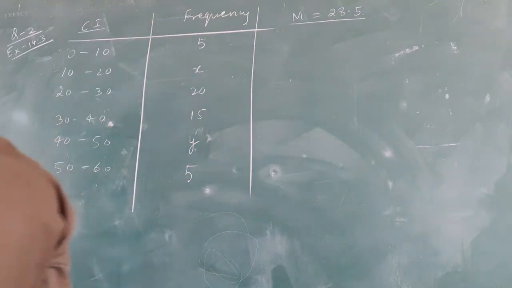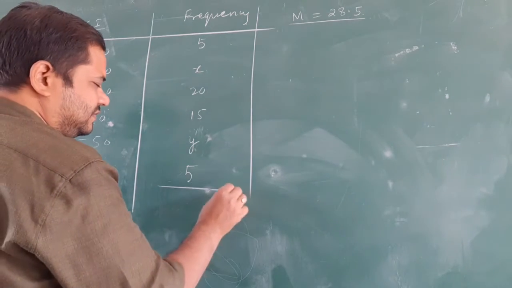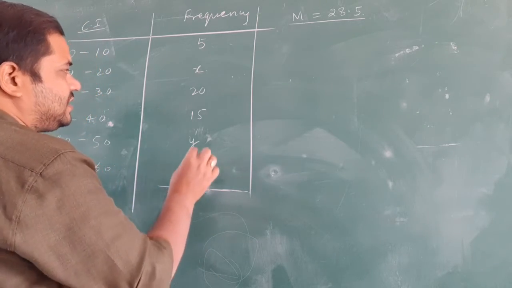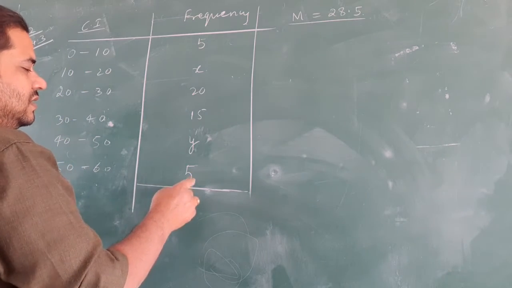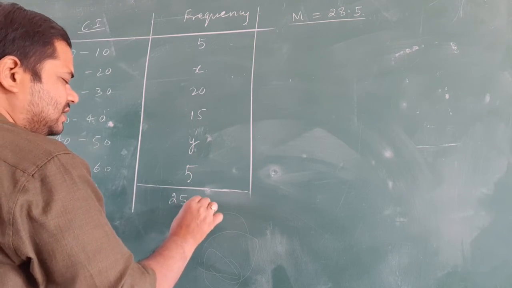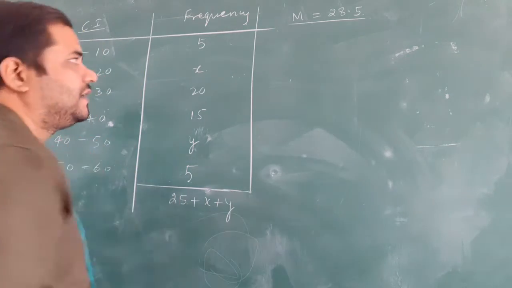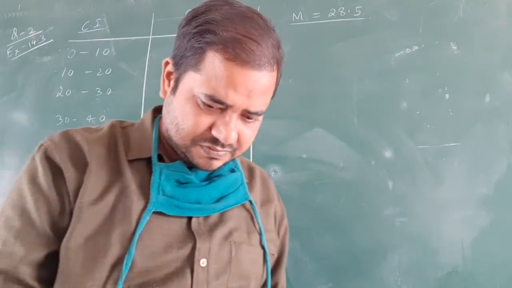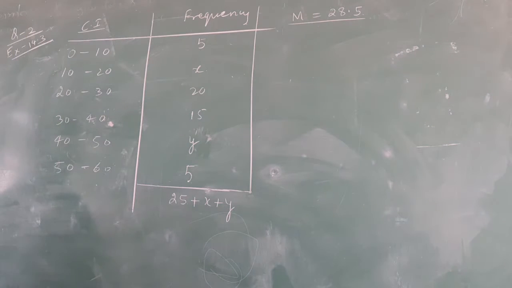Now you know the sum of frequencies: it is 25 plus x plus y. So the median M is equal to 28.5.